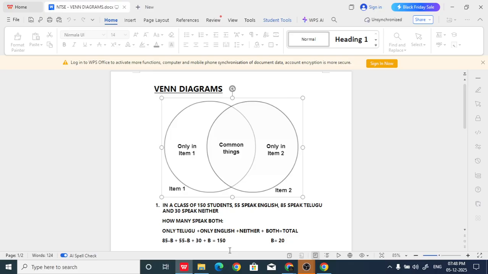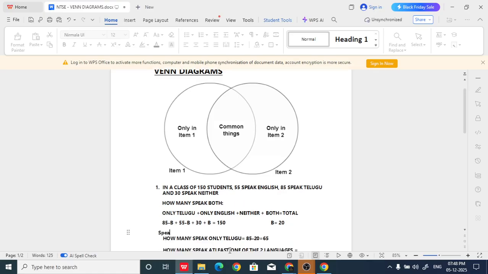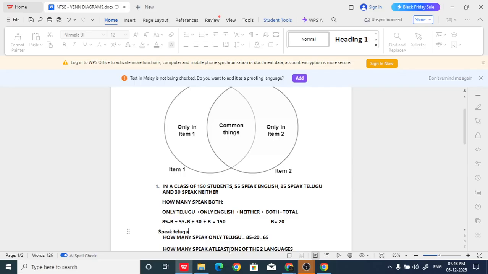Write it, okay. People who speak Telugu is how much? We said 85. Am I correct? Yes, sir. So people who speak both, let me call it X because we don't know. So how many people speak only Telugu?